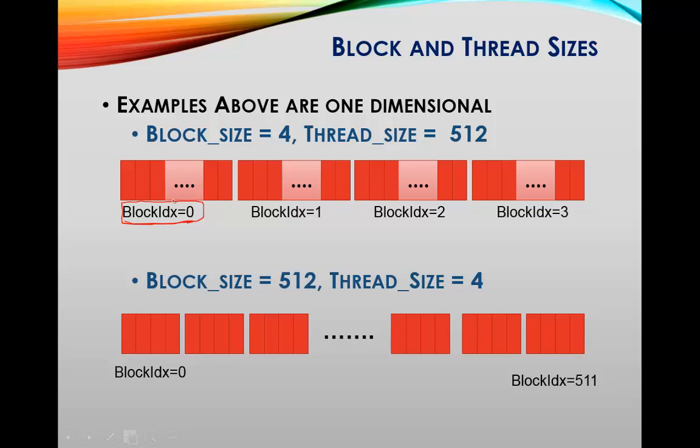Then within each block, we could have 512 threads, each with a threadIdx. This one is threadIdx 0, and this one is threadIdx 511, and that would be the same for all the blocks. The first thread within each of these blocks will have a threadIdx of 0.